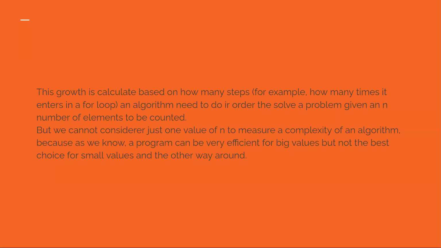This growth is calculated based on how many steps, for example, how many times it enters a for loop, an algorithm needs to do in order to solve a problem given n number of elements to be counted.